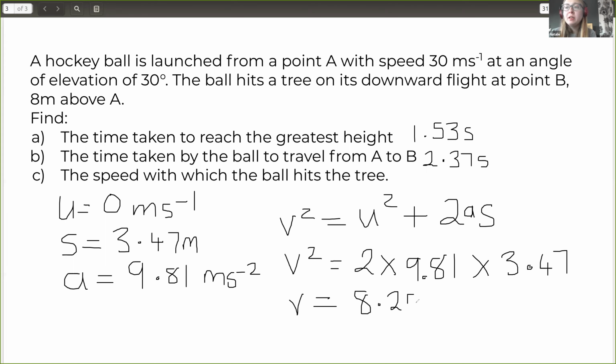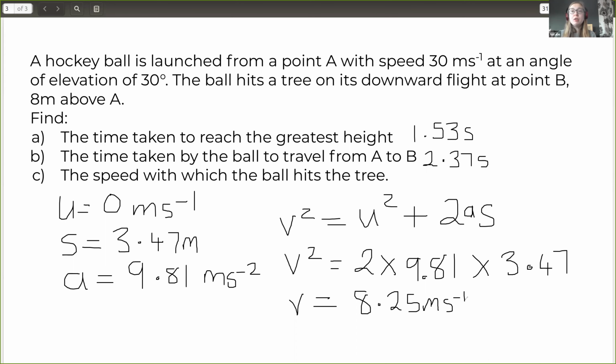Now, don't worry if you end up getting something slightly similar like 8.24 or 8.26. It can be rounding errors. And in an exam, they give you a bracket that you can fall within, and they do allow for rounding errors. So don't panic if you get a slightly different answer.